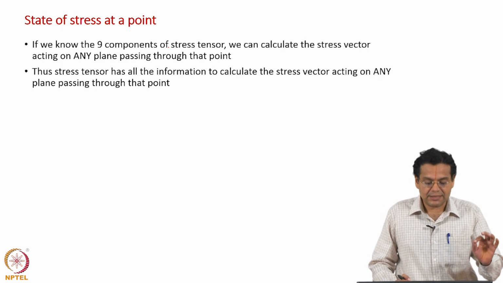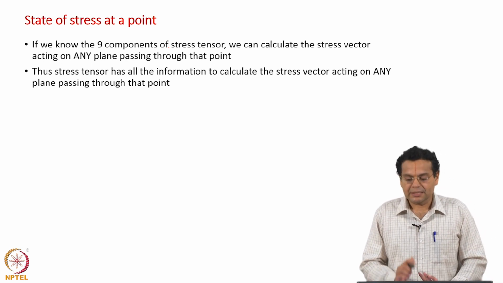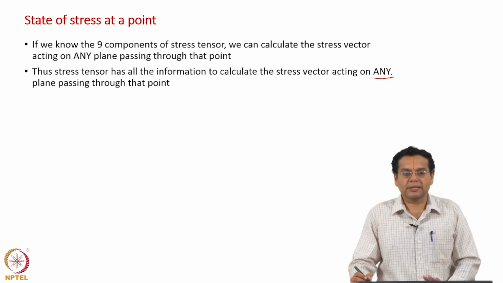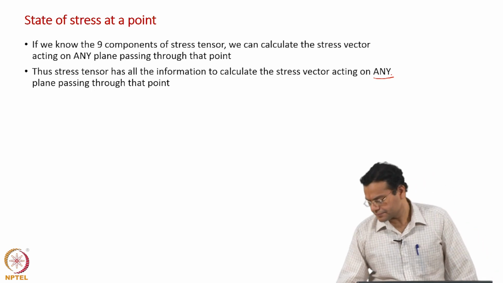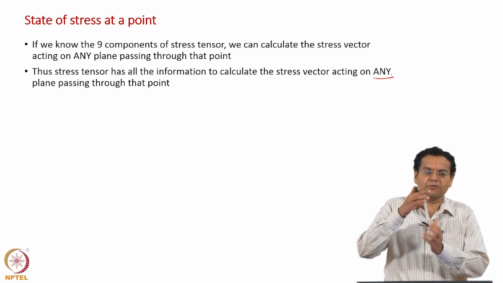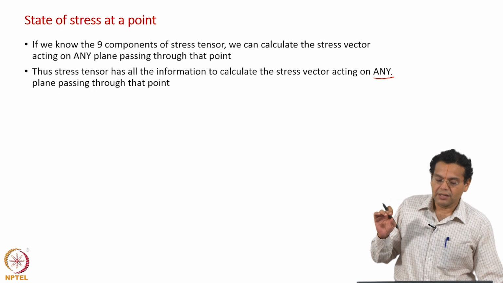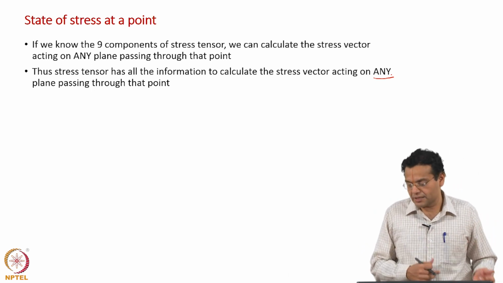So, we are reducing an infinite amount of information to just 9 components, and then of course the n vector. Thus the stress tensor has all the information to calculate the stress vector acting on any plane passing through that point. You can have an infinite number of planes at the same point, and it is enough that if you have the stress tensor at that point, you can get the stress vector acting on any of these planes.